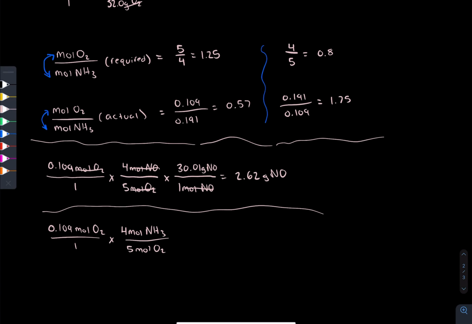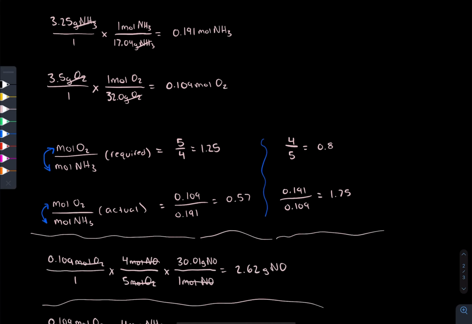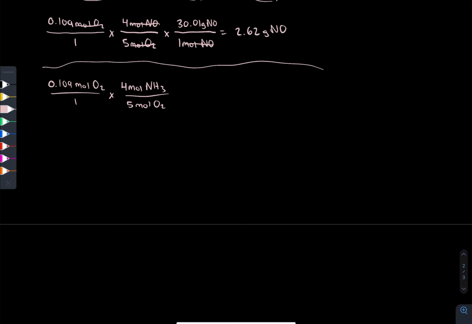So we know that 5 moles of molecular oxygen is going to react with 4 moles of NH3 to have a proper reaction. So doing that in the calculator, we'll get 0.087 moles of NH3.